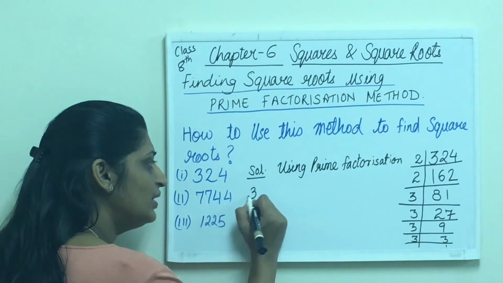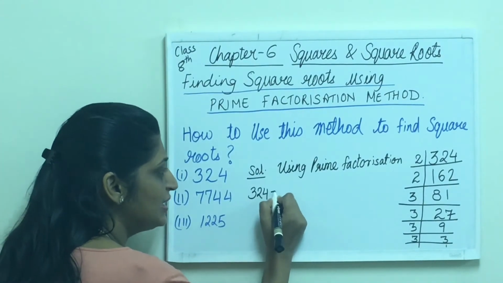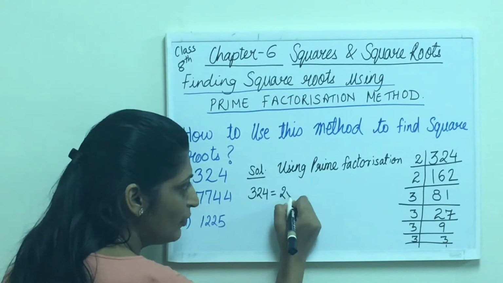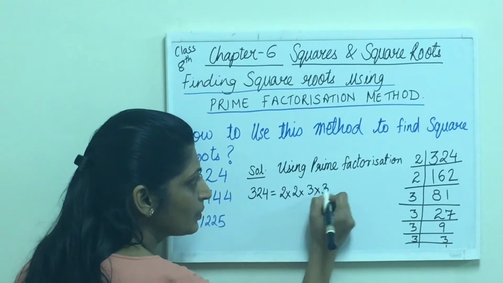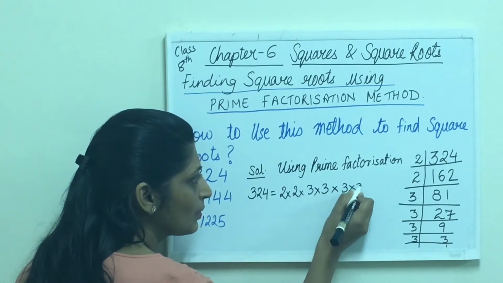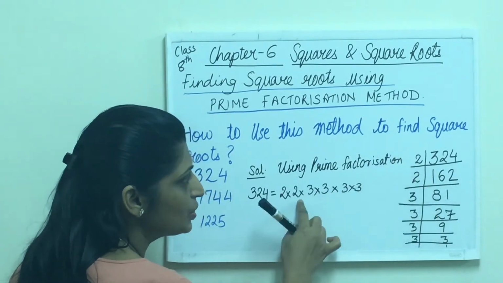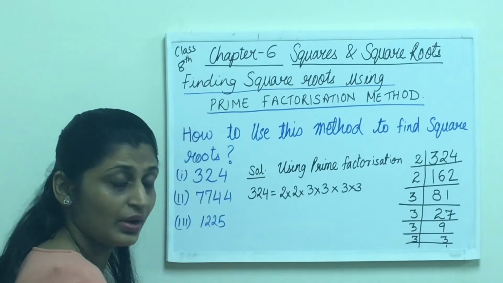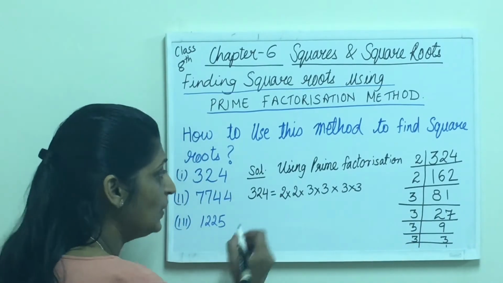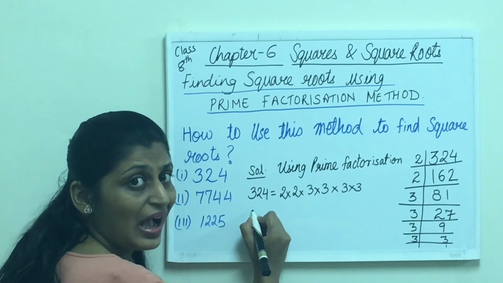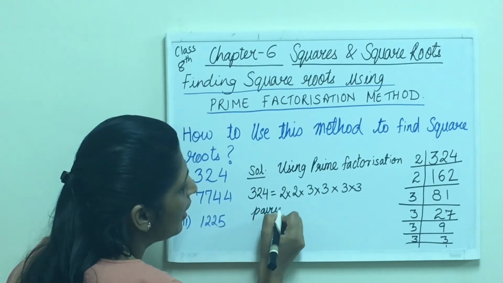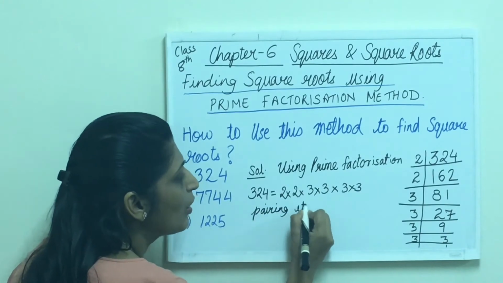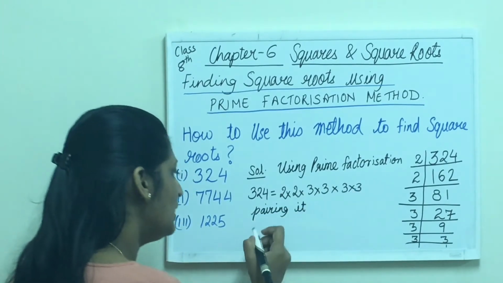Now, I will write its factors in this form. I hope you see twice 2, 3 and 3. Right? Now, I will pair them up. We will pair the similar numbers like this.